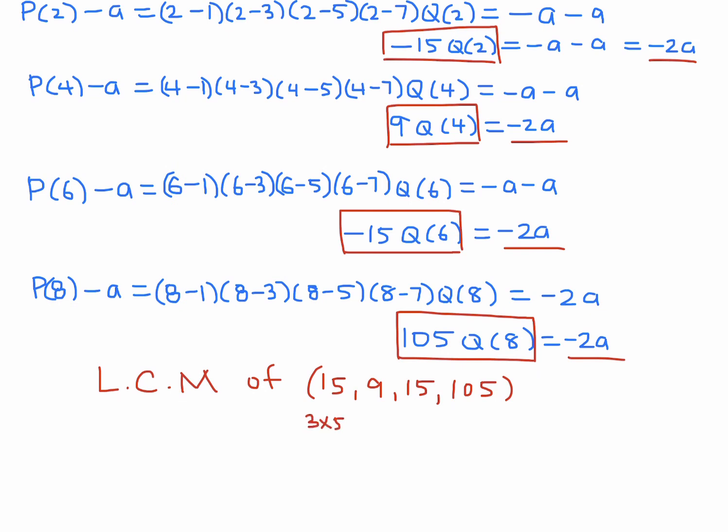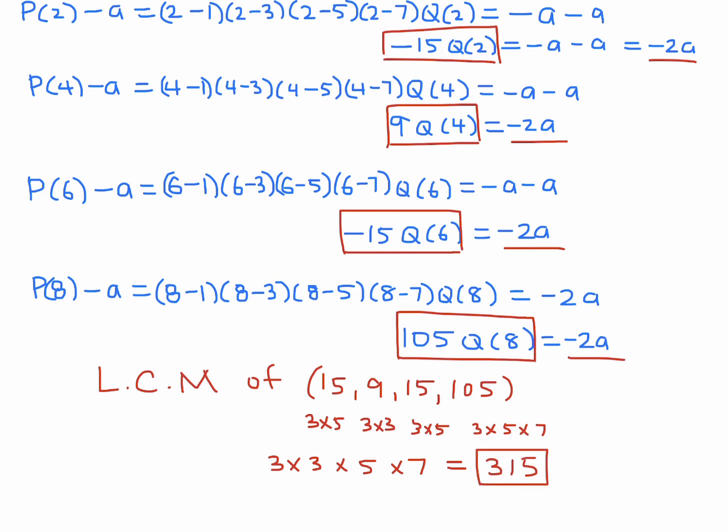Well, 15 is 3 times 5. 9 is 3 times 3. 15, of course, again, is 3 times 5. And 105 is 3 times 5 times 7. So for the LCM, we have to use 3 twice, since we use the maximum number of times it appears. The 5 only appears once, and the 7 only appears once. So the LCM is 3 times 3 times 5 times 7, and that is 315.